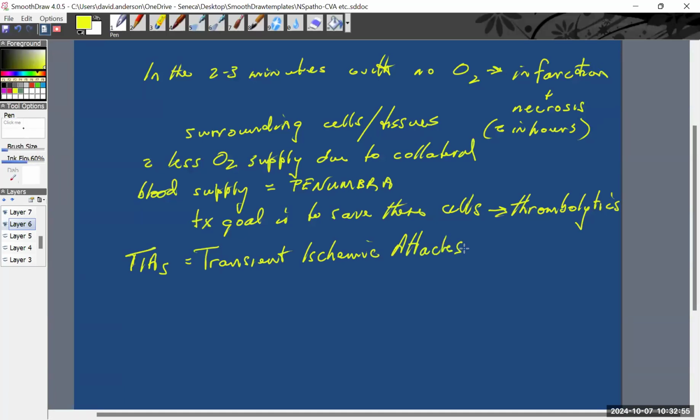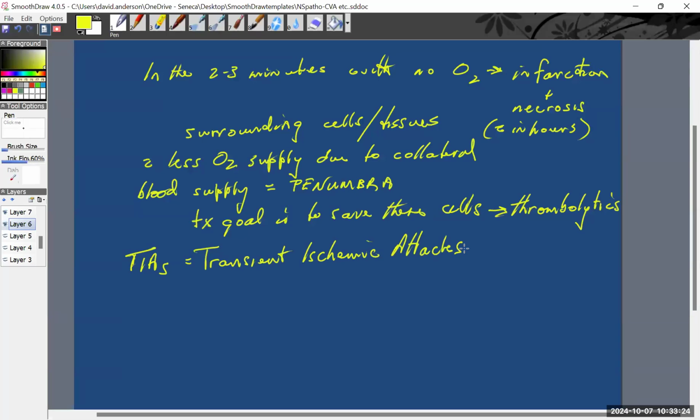So this is a situation where there are the signs and symptoms of a stroke that last from a few minutes to maybe over a 24-hour period. Usually not any longer than that to be classified as a TIA. This used to be a standard indicator for an ischemic stroke, in other words, a warning that an ischemic stroke was impending.